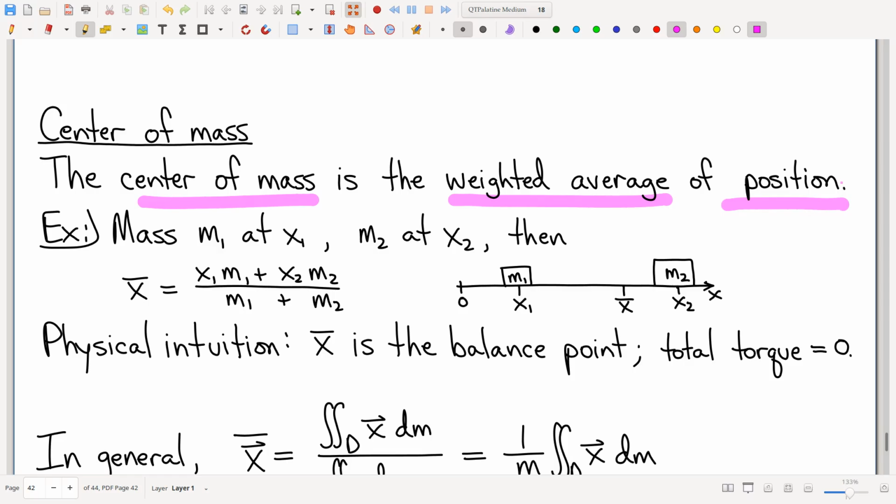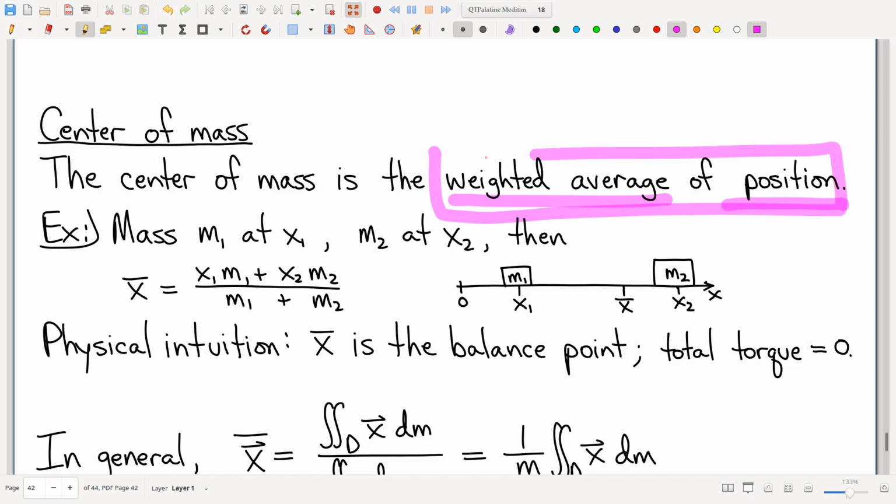So what I'm going to do here is write down a weighted average of position, and then try to persuade you that center of mass is a reasonable term after the fact. So let me momentarily erase that. Let's just talk about weighted average of position. In particular, we're going to imagine a couple of masses, one small, one big, at these two different locations, x1 and x2.